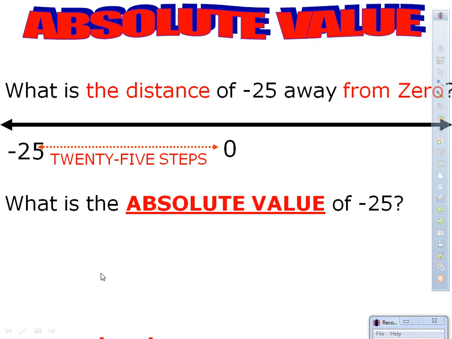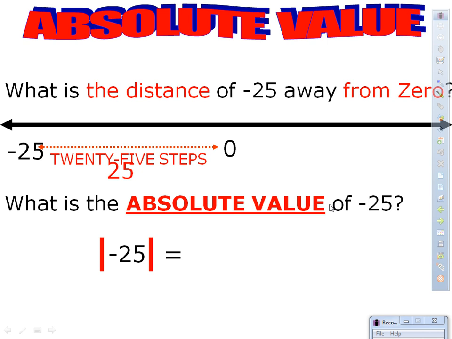So this is the same as saying, what is the absolute value of -25? Or, what is the distance of -25 away from 0? How many steps did we say it was? 25, so that's why we get 25. Okay, so far so good, right? We're clear on that.